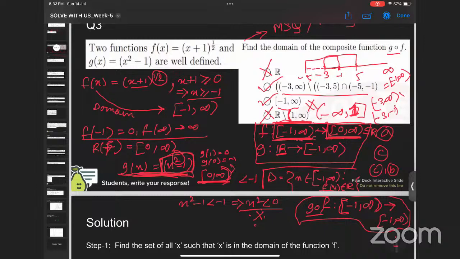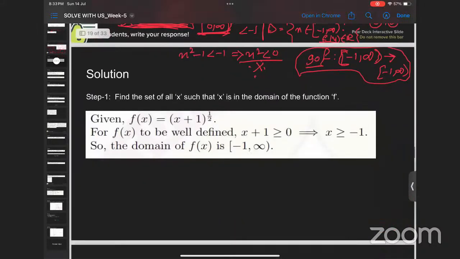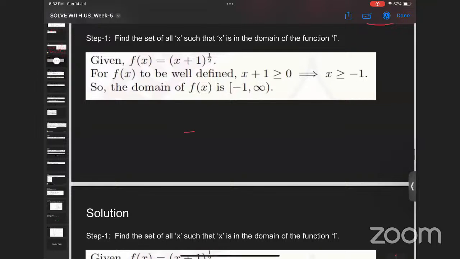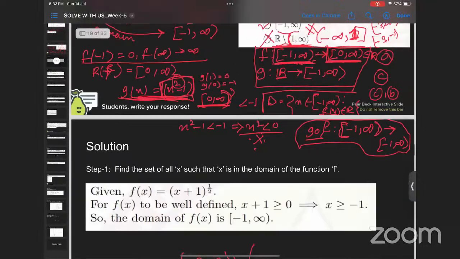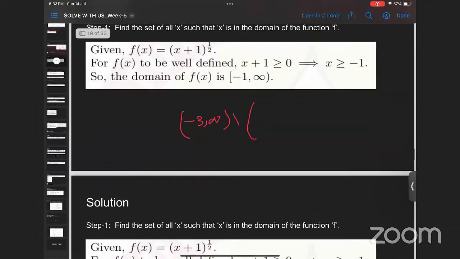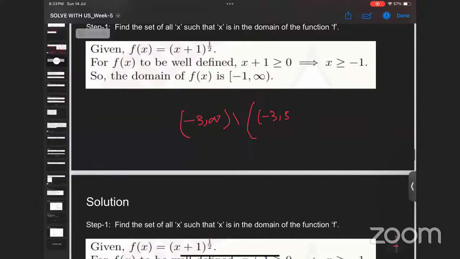Okay. And can you explain the second option again, please? Sure. In the second option we have minus 3 to infinity minus the intersection of minus 3 to 5 and minus 5 to minus 1. We first calculate the intersection.